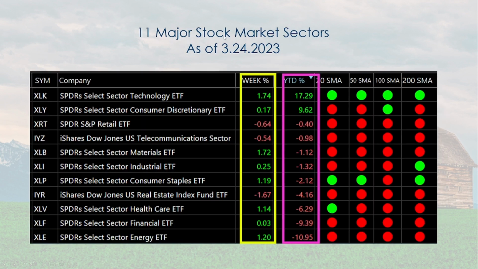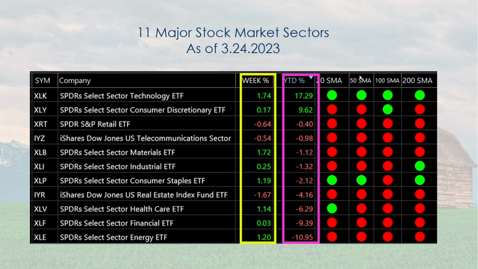When we go to the S&P 500 and break that down to the component parts, the sectors within the S&P, we see a more detailed story. I still have the weekly view, which is in the yellow box, and the year-to-date view, which is in the pink box, and then where they are relative to their moving averages.